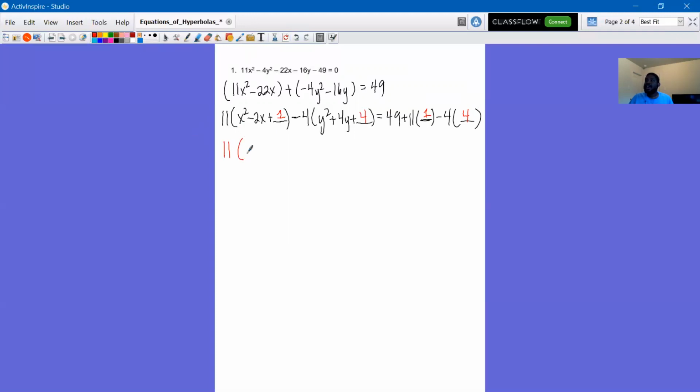We have 11 times x minus 1 squared minus 4 times y plus 2 squared equals, and we're going to add these together. So we're going to have 49 plus 11 minus 16, that gives us 44.